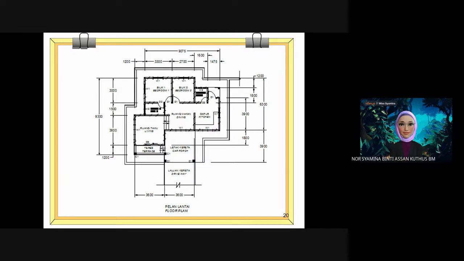For example, if in real life the size of the beam is 2700, and we want to draw it in a scale of 1 to 100, how long will we draw it on our paper? In real life it is 2700 and the scale is 1 to 100, so how much should I draw?